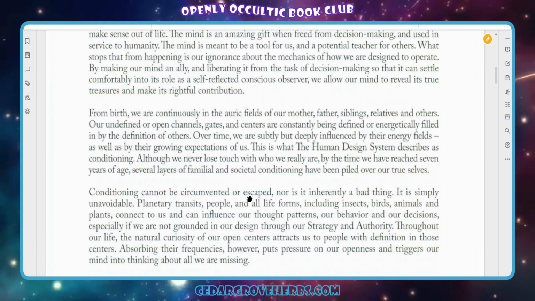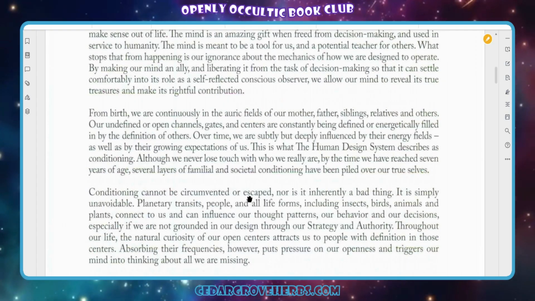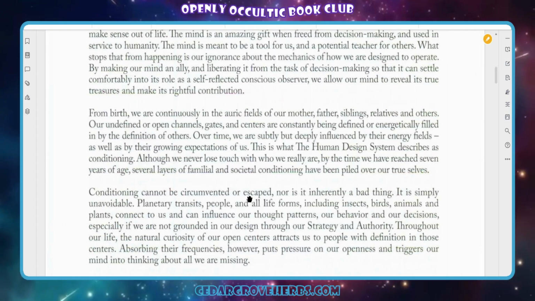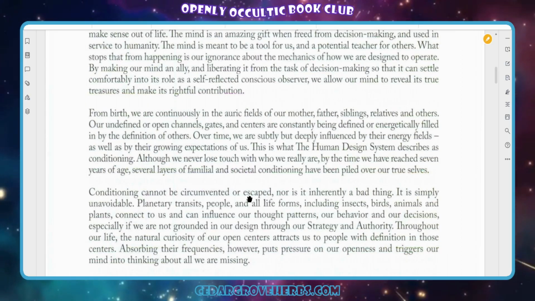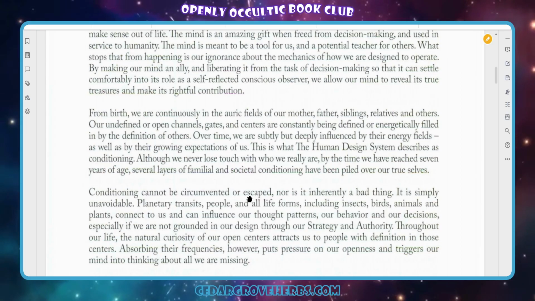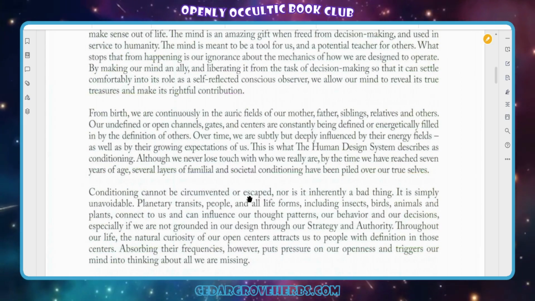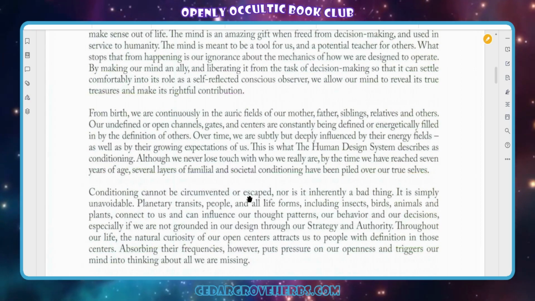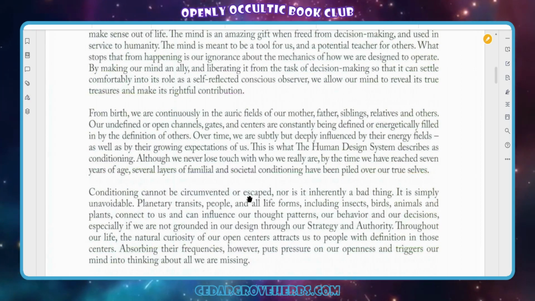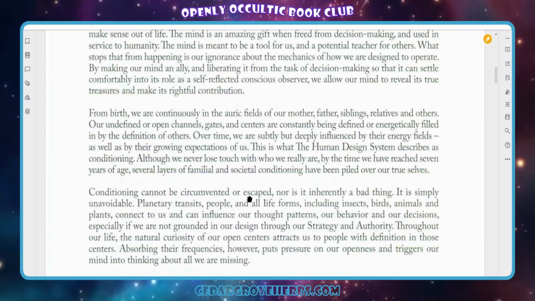From birth, we are continuously in the auric fields of our mother, father, siblings, relatives, and others. Our undefined or open channels, gates, and centers are constantly being defined or energetically filled in by the definition of others.